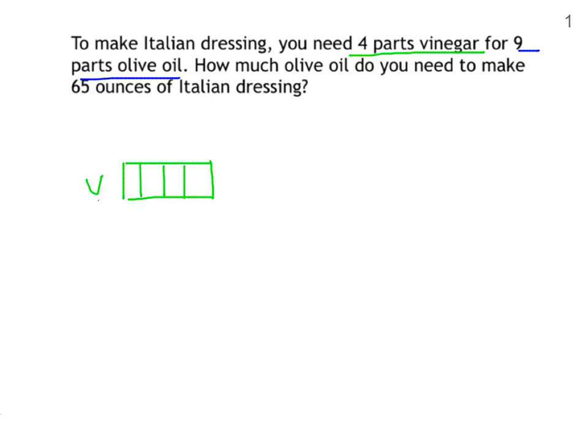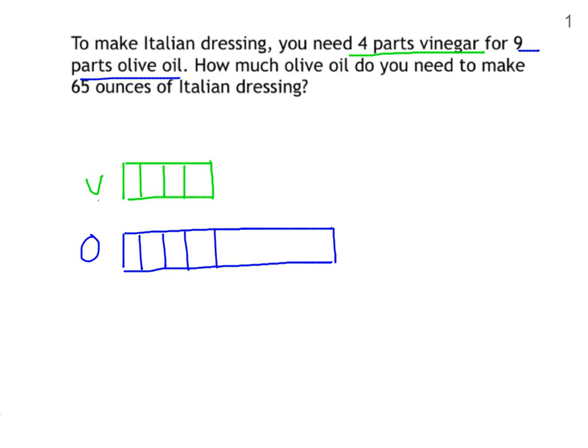So we're going to create our olive oil bar, and this one is going to be quite a bit longer because this one requires 9 parts. It needs to be more than twice the length of the vinegar bar because we're using more than twice the parts of olive oil. Makes sense.